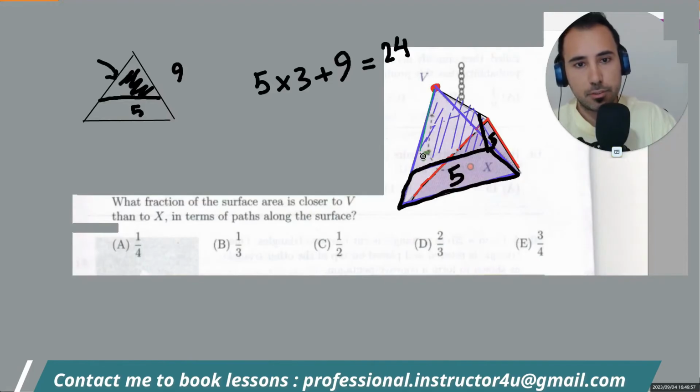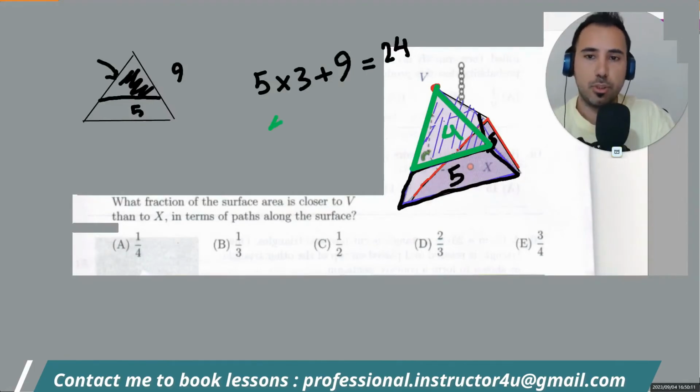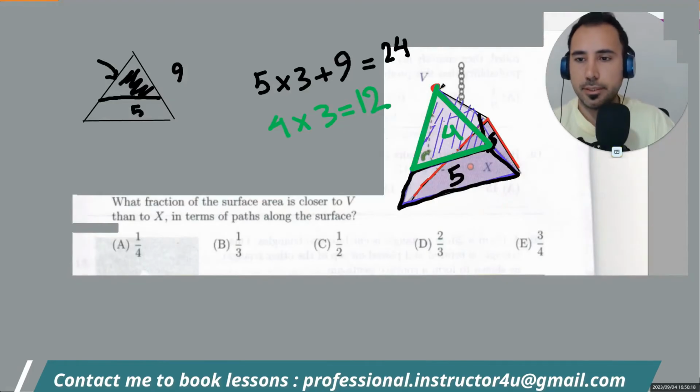Now, the areas that will go to V, it was 4, remember? This area was 4, let me highlight it, and we had 3 of these. So 4 times 3 will go to V. Now what does the question want? What fraction of the surface area is closer to V than to X in terms of pathway along the surface?